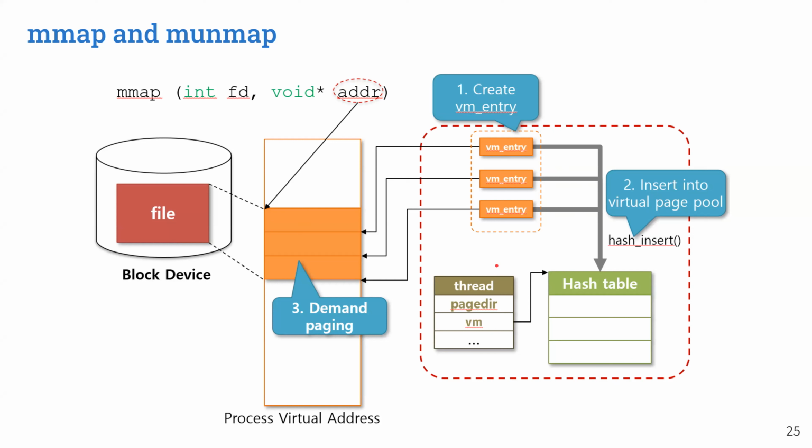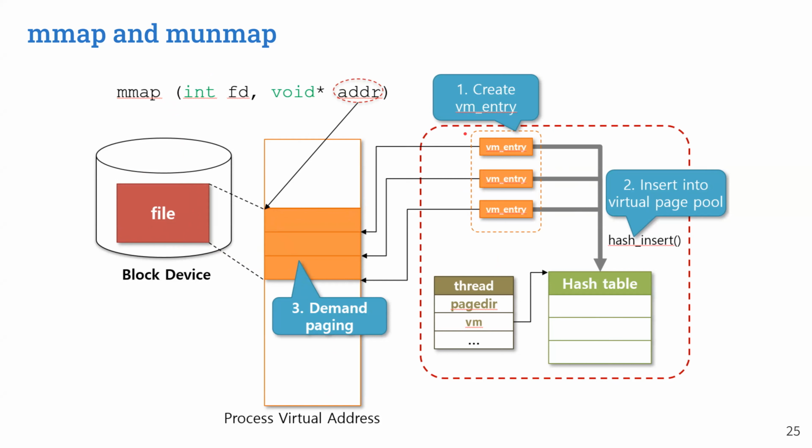Like I said, the mmap function maps the file content into the process virtual address space. If the file is more than 4 kilobytes, the file content will be separated into multiple pages here. In this case, the file size would be between 8 kilobytes and 12 kilobytes.